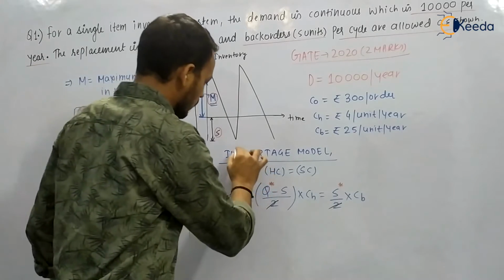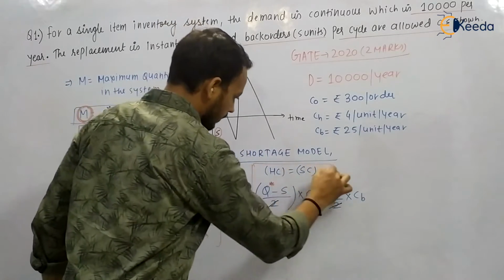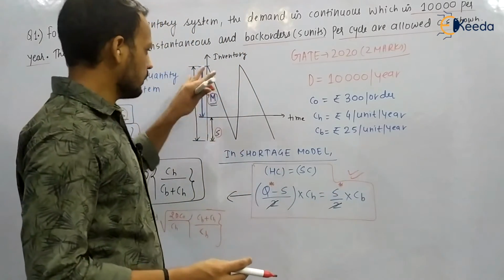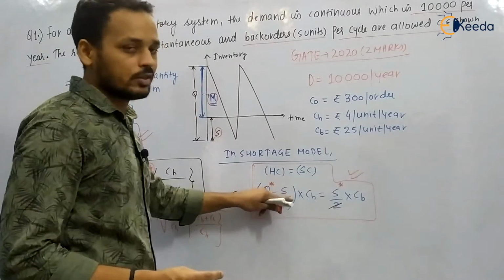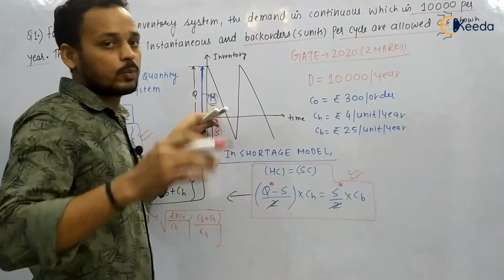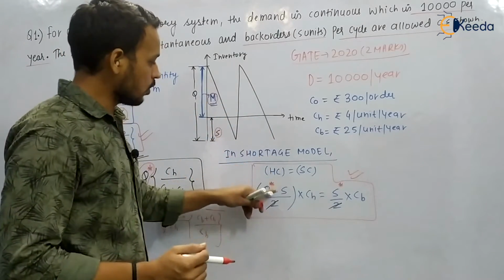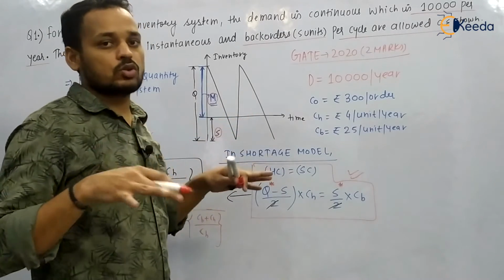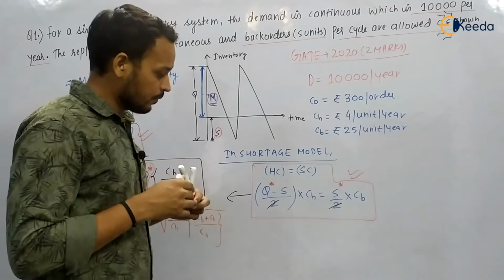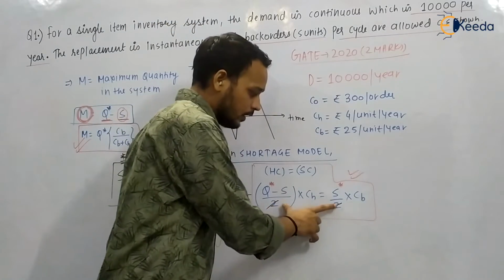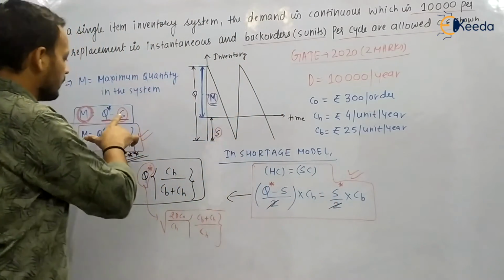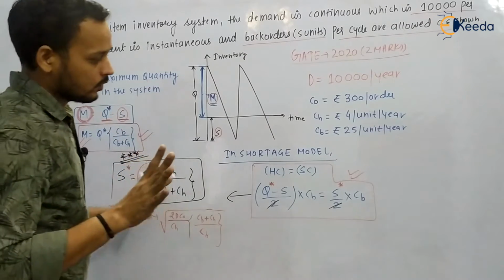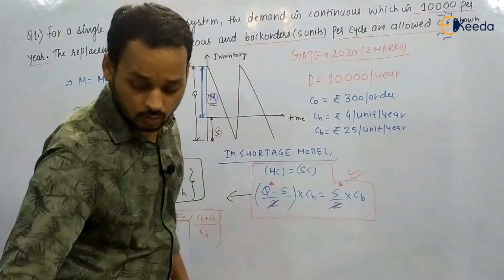With the help of this formula you can derive the optimum shortage, or optimum storage, because this Q minus S you are going to store in your inventory. From here you can find S, and M. So this is all about the GATE 2020 question.